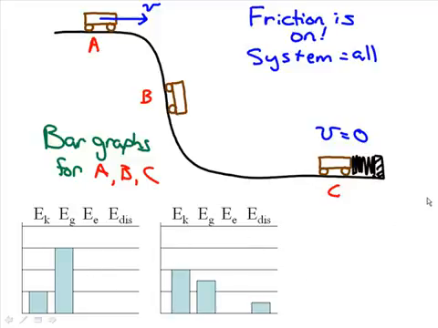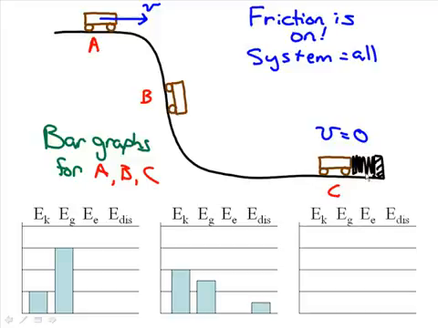Let's look at scene C. In scene C, the cart is no longer moving. Velocity is 0, so we will not have any kinetic energy. In scene C, the cart is at its lowest point, so it's not going to fall anymore. So we will not have any gravitational potential energy. But as you imagine, why is it going at 0 meters per second? Because it was slowed down by this spring.